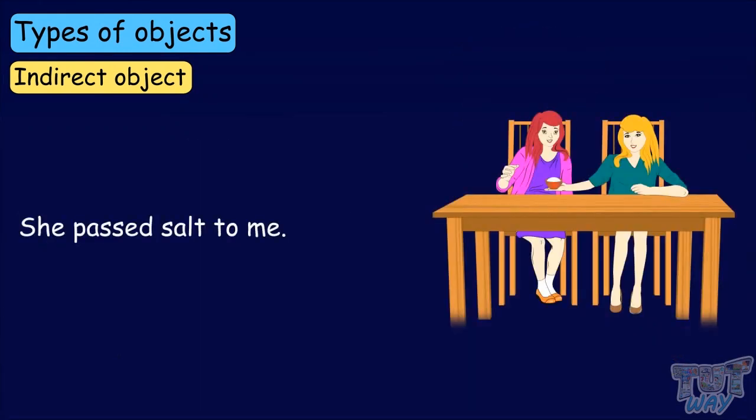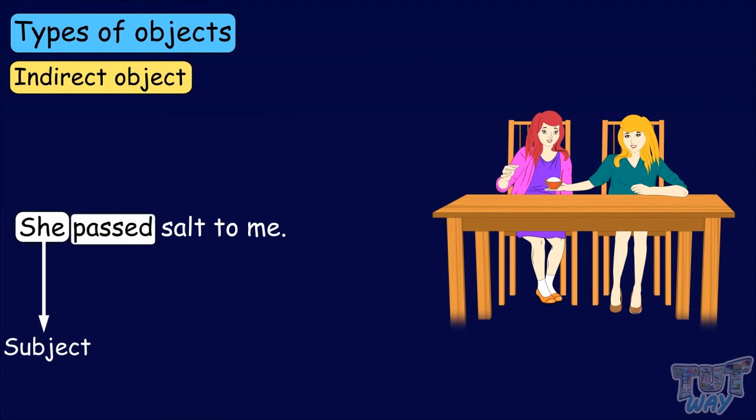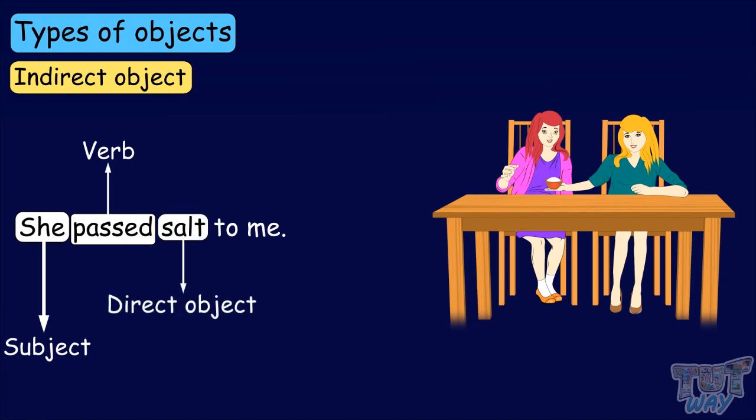She passed salt to me. She is the subject, that is, the doer of the action. Passed is the verb, that is, the action being performed in the sentence. Salt is the direct object. The action is being performed on salt.